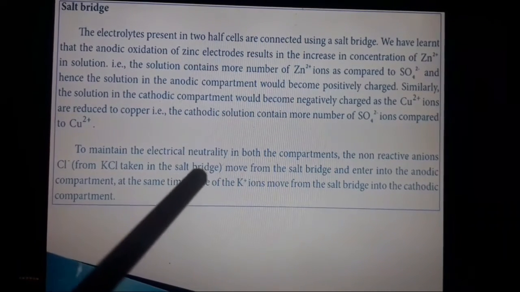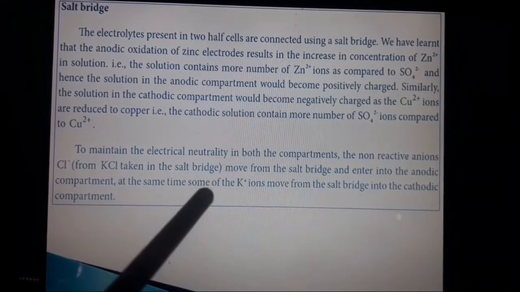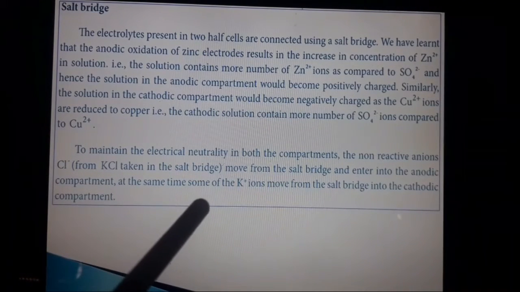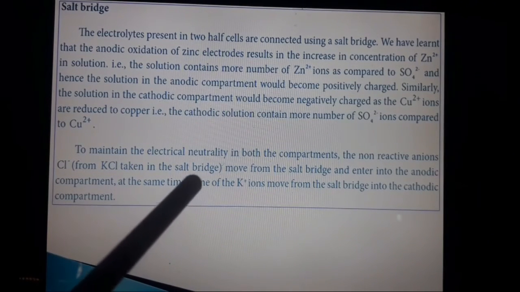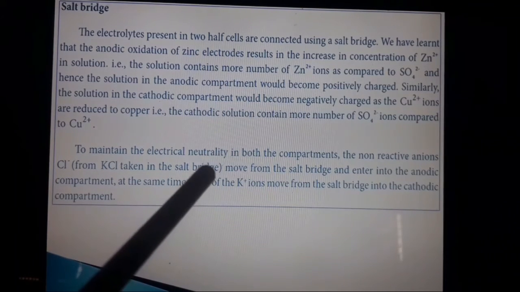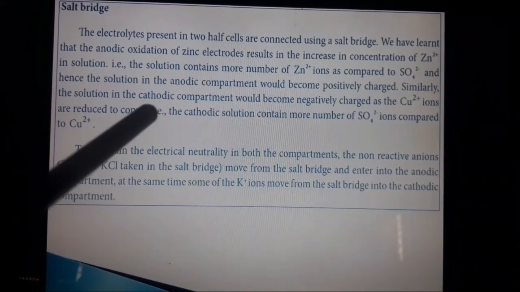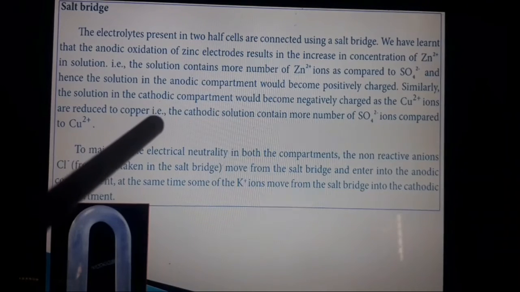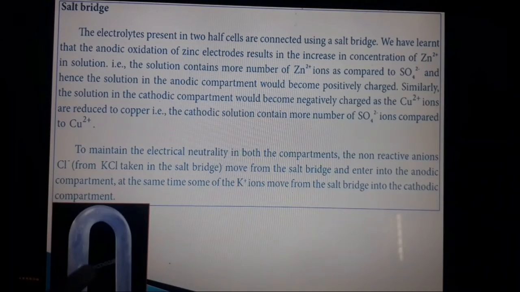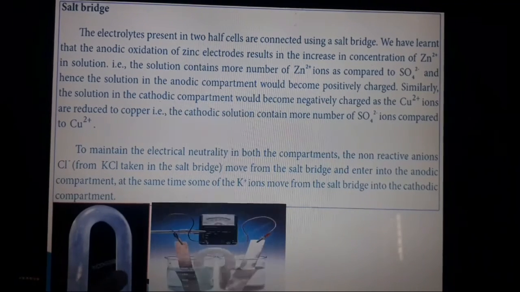To balance this, chloride ions move from the salt bridge from one electrode to another electrode. So this is the use of the salt bridge. You understand it? This is the salt bridge, the inverted U-tube part of the cell.